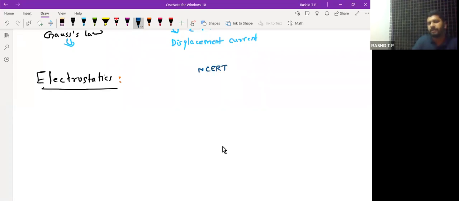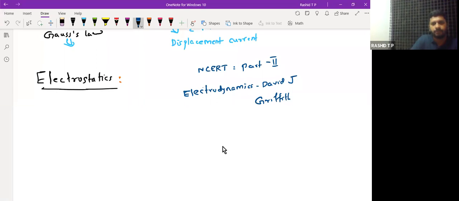For this current topic, you can read NCERT part 2. Start solving the problems from the NCERT textbook, and then you can read Electrodynamics by David J. Griffiths.